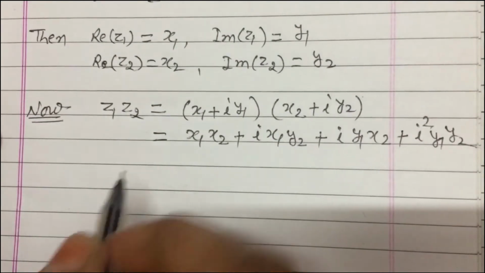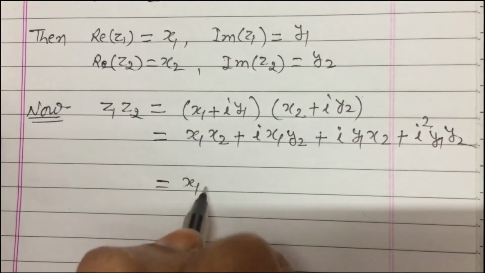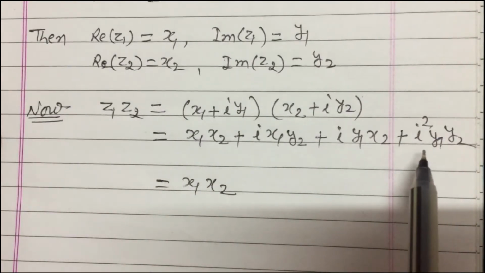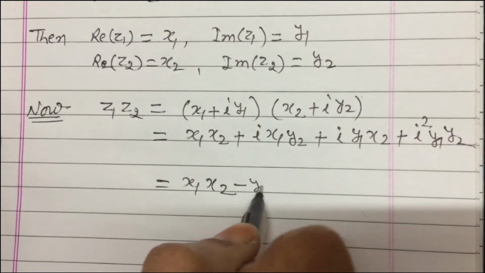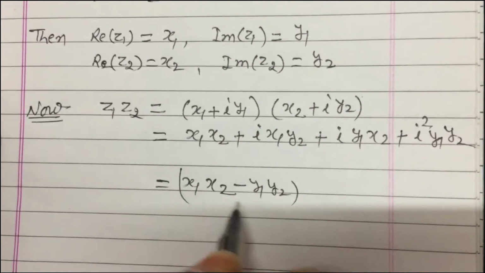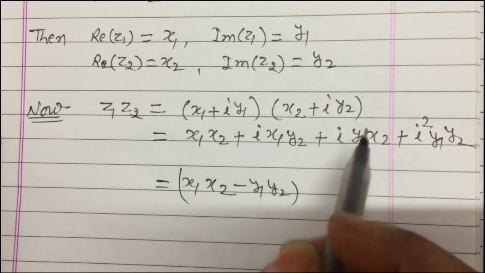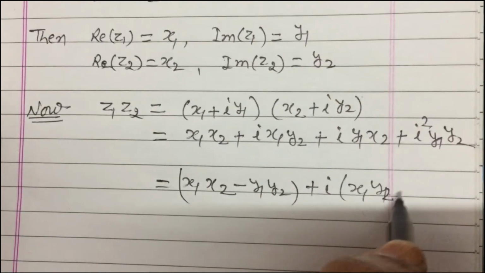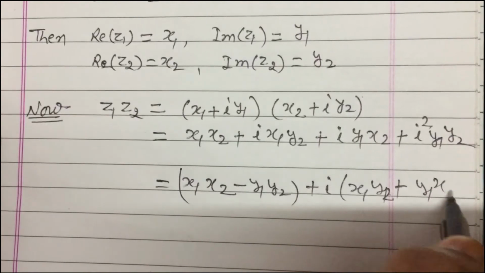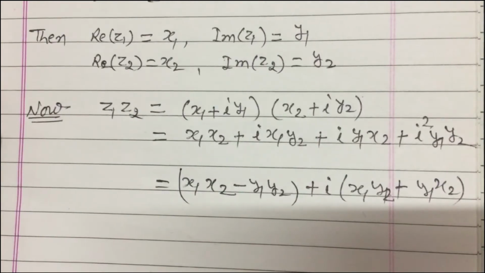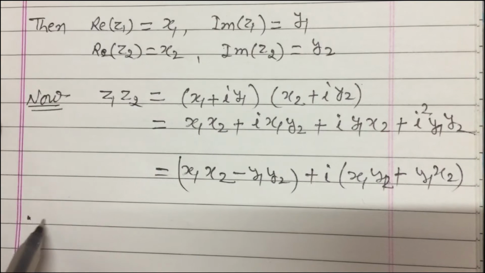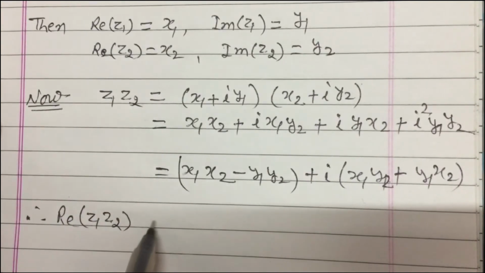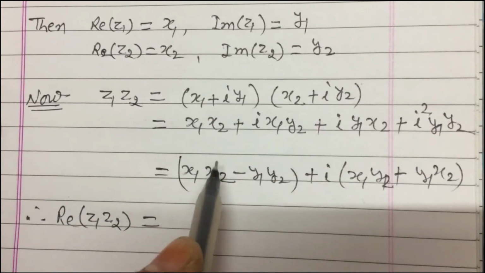Now simplify, you will get x1 x2, and i square means minus 1, so minus y1 y2, it is the real part. And from these two terms I take common, it's i times x1 y2 plus y1 x2. Now take the real part of z1 z2, it is the real part only.